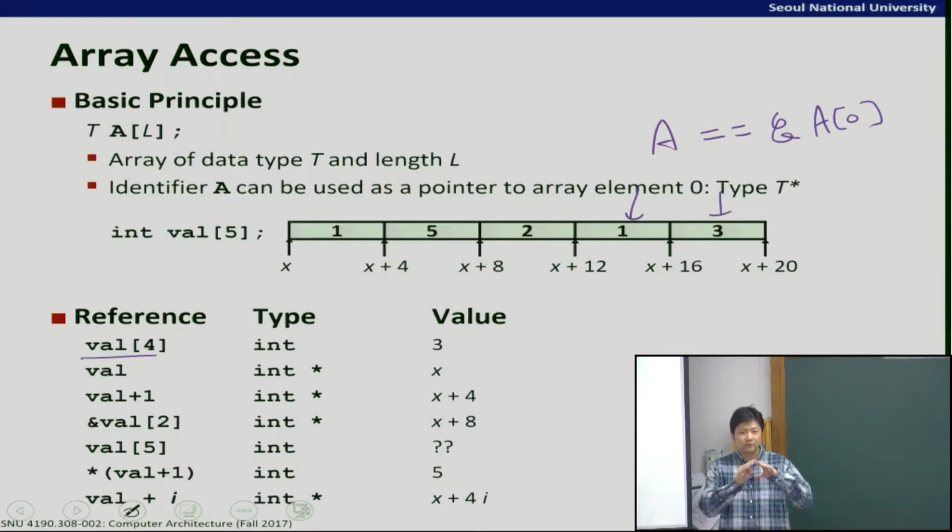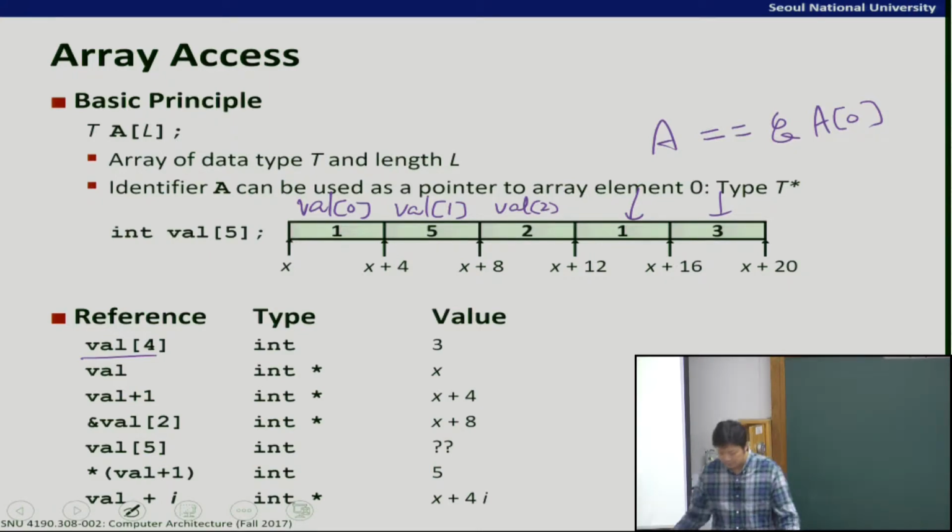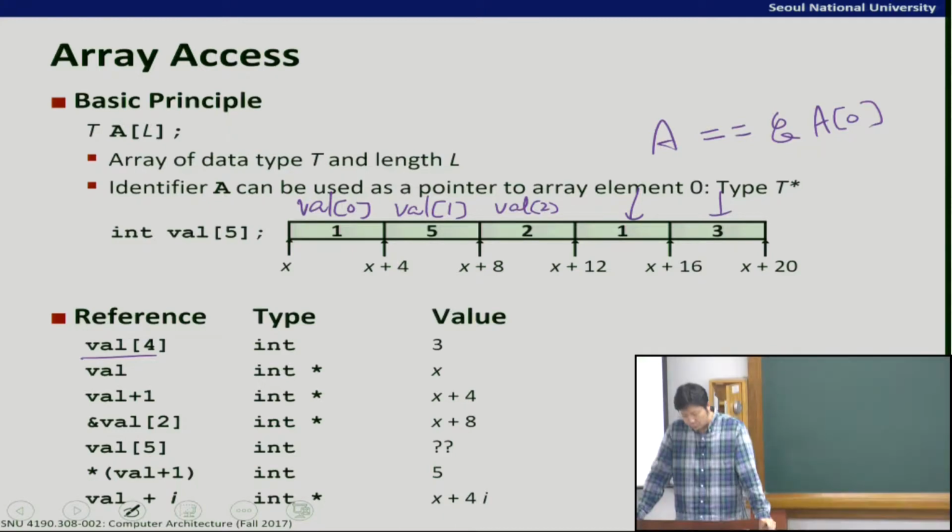Because the index starts from 0. So this one will be val 0, this one will be val 1, this one will be val 2, and so on. Then the last one will be val 4, right? Because the array length is 5, the range of the index will be 0 through 4, right? So you're going to have 5 elements. So val 4 is 3.